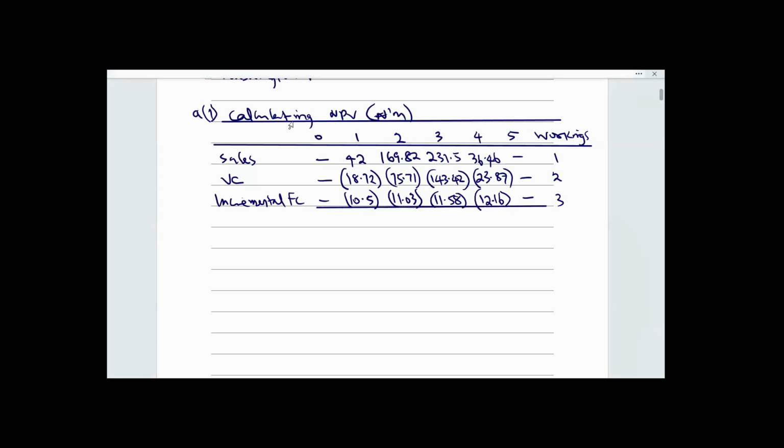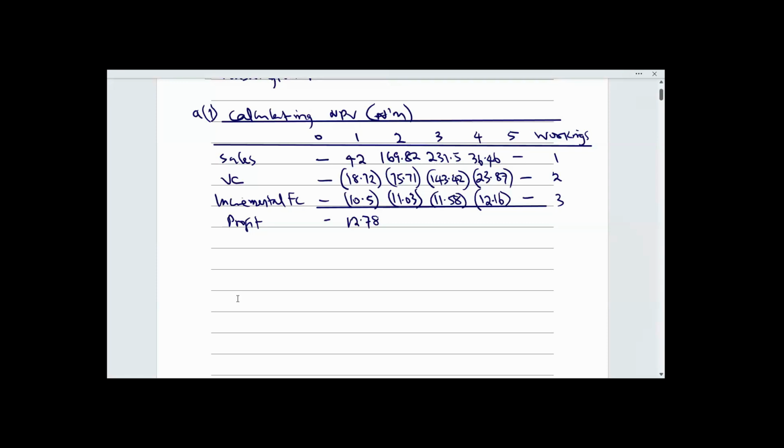So we then get the profits. We calculated the profit from here. For year one, this should be 42 minus 18.72 minus 10.5, that's 12.78.